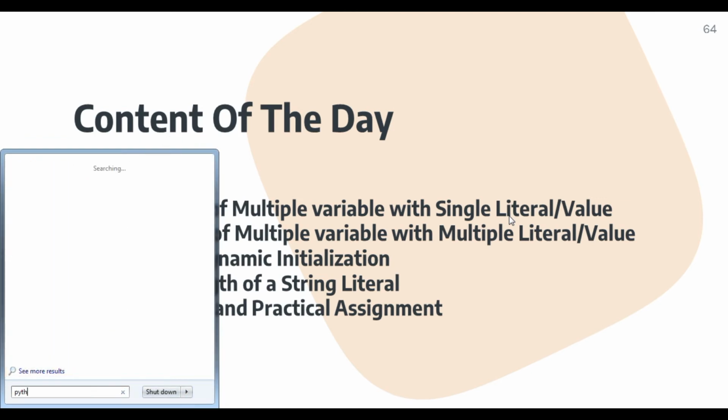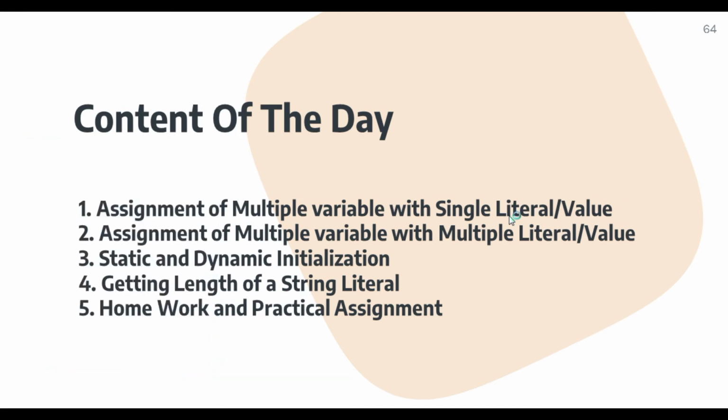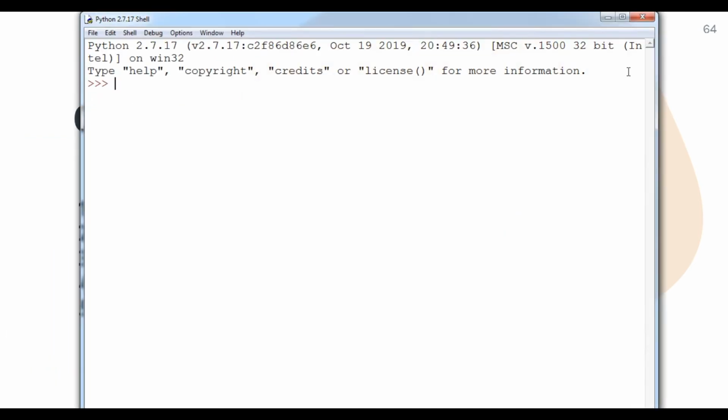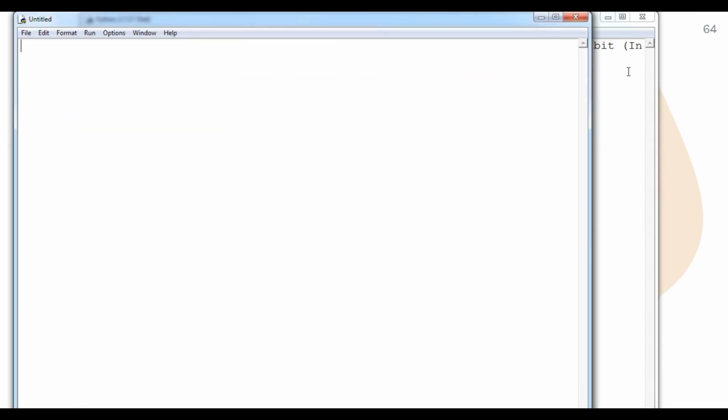To do that we have to open Python again, and we are going to open a file in script mode and write a program for getting the length of a variable. Okay student, here we are going to store a variable, in a dynamic or static way, whatever.